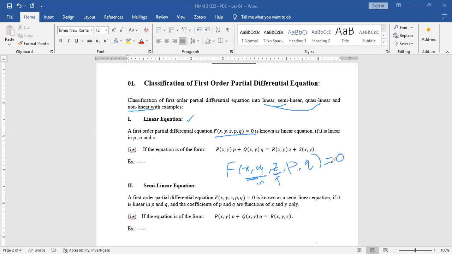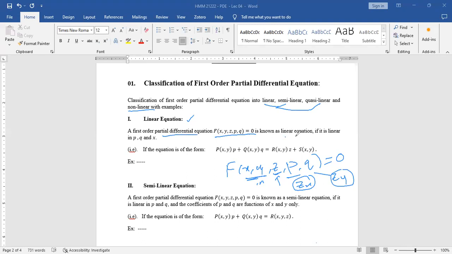Because it is first order, we can't have r, s, t. p is ∂z/∂x and q is ∂z/∂y. This kind of equation we call a first order partial differential equation.